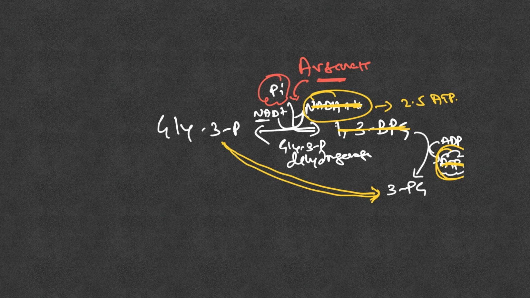Another important feature of glycolysis is substrate level phosphorylation. The meaning of this is that phosphorylation, that is ATP generation, is going on in the cytoplasm itself.